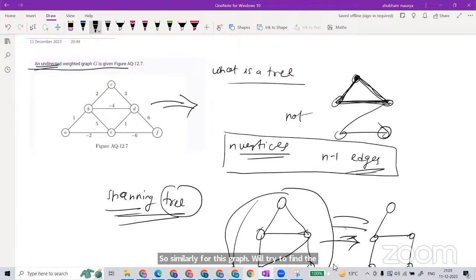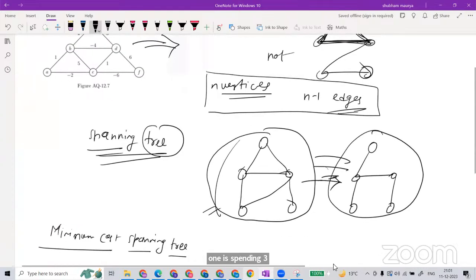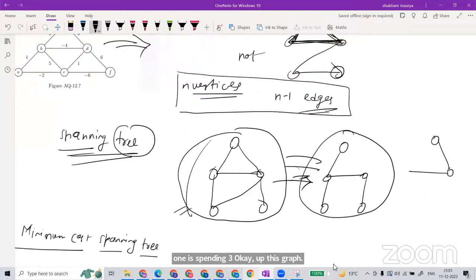First thing, let me note again that for a graph, you have many different spanning trees. This is one spanning tree of this graph. There could be another. So this is another one, which is also a spanning tree. This is a tree, and if we just add this edge and this edge, it becomes the whole graph. So this is another spanning tree.